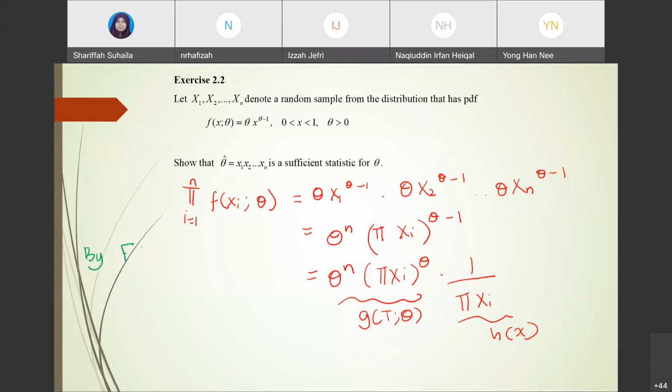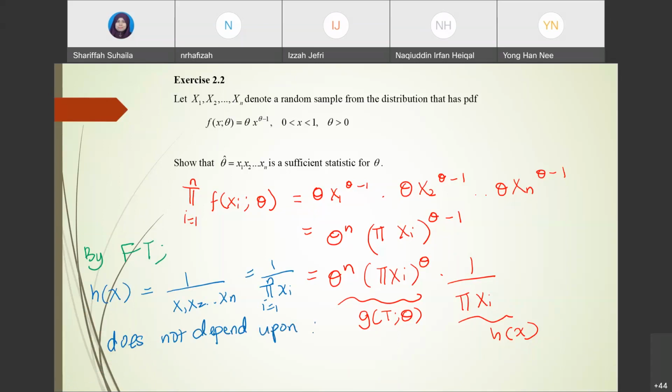By the factorization theorem, your h(x), which is 1 over product xi, the same as x1, x2, up to xn, or to simplify, just write product xi from i equals 1 up to n. Okay, h(x) does not depend upon theta.